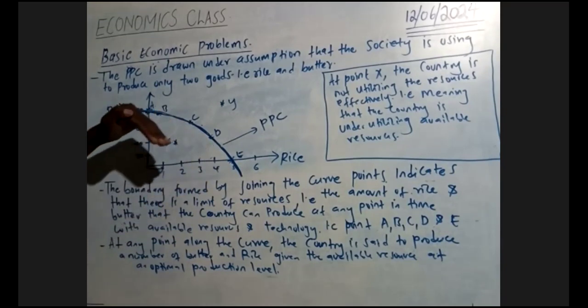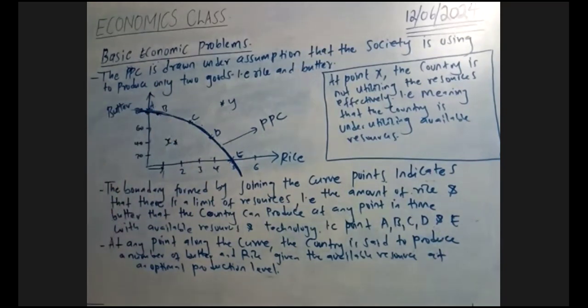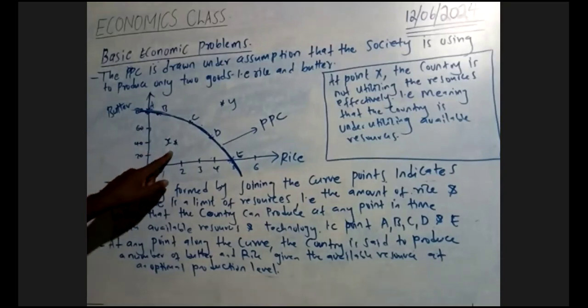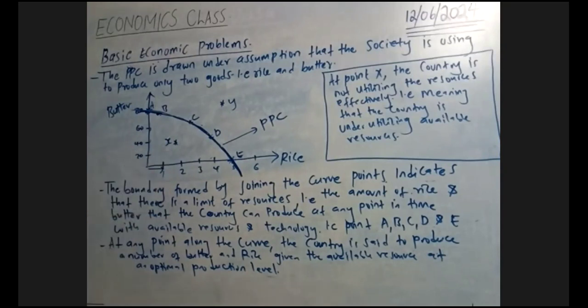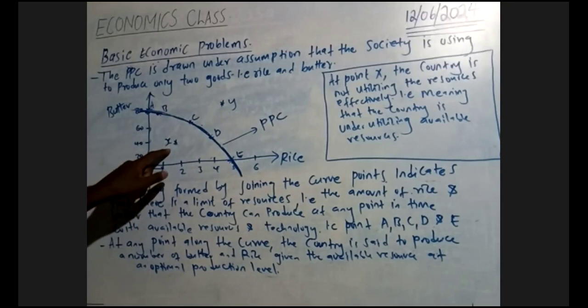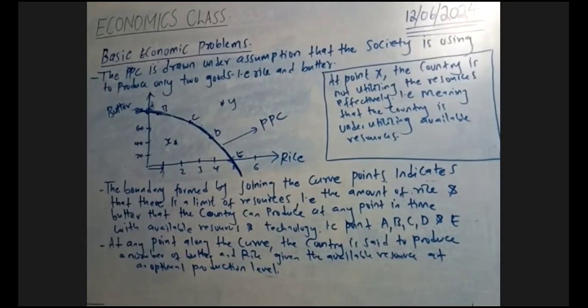Anything below this line, the country has the resources, but they are not well utilized, meaning they are dormant. So the government is not using the resources. At point X, the country is not utilizing the available resources effectively, meaning some of the resources are left dormant, being underutilized.